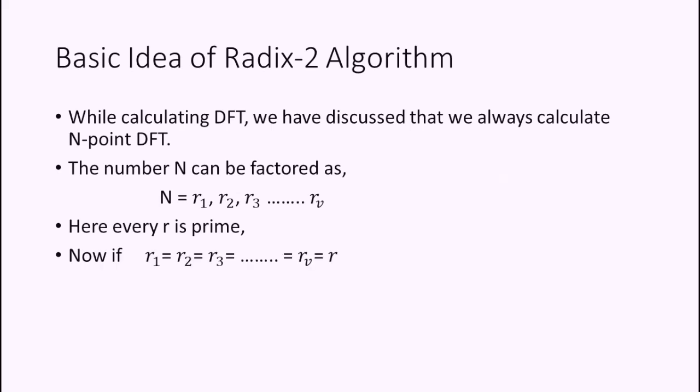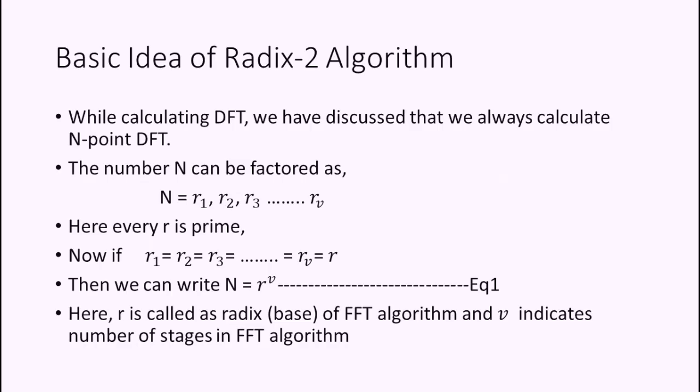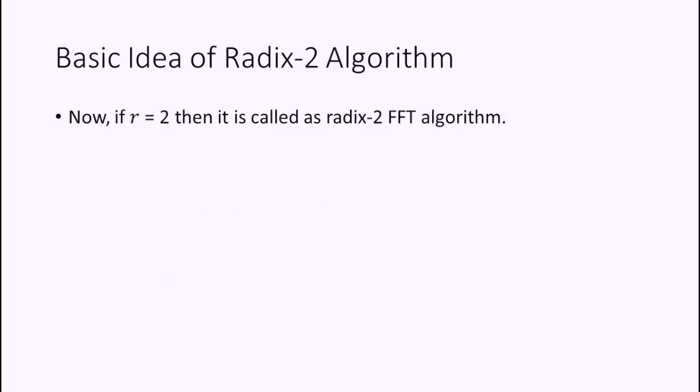Now if R1 = R2 = R3 = ... = Rv = R, then we can write N = R to the power v, and this equation is termed as equation number 1. Here R is called the radix or base of the FFT algorithm and v indicates the number of stages in the FFT algorithm.